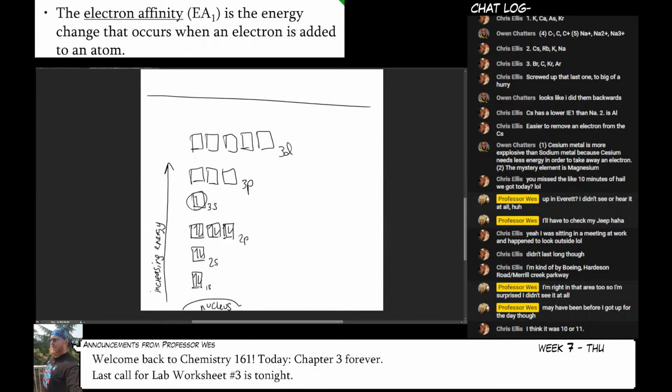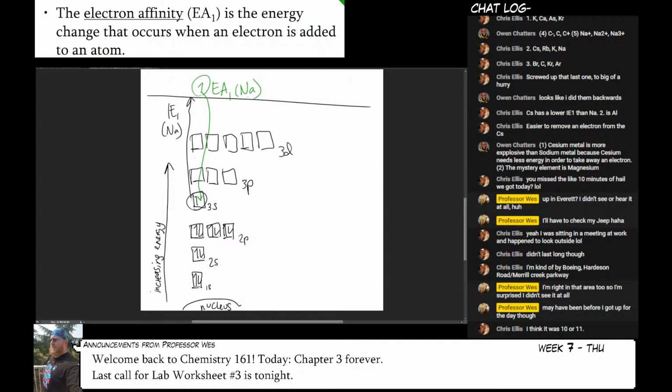So there's sodium. This would be the first ionization energy of sodium. The electron affinity would be doing the opposite of that. So if instead I allowed an electron to fall down, this would be the electron affinity for sodium.